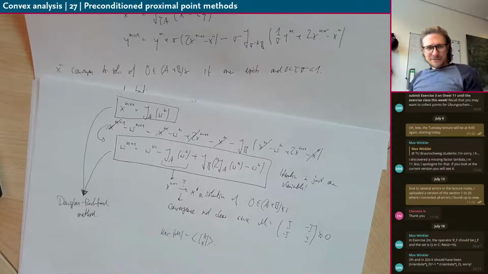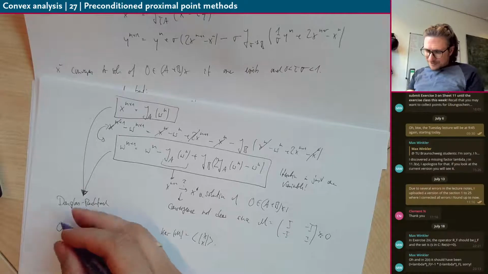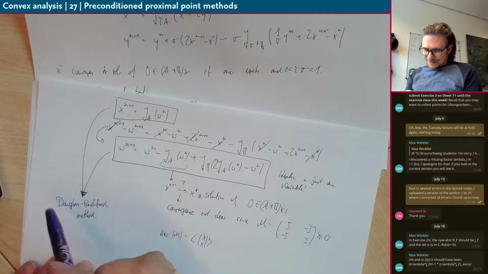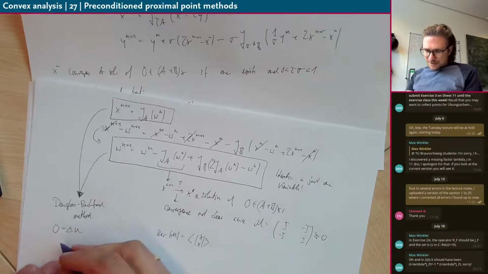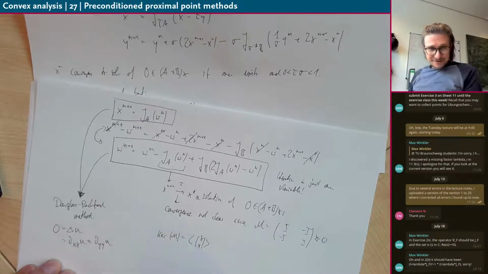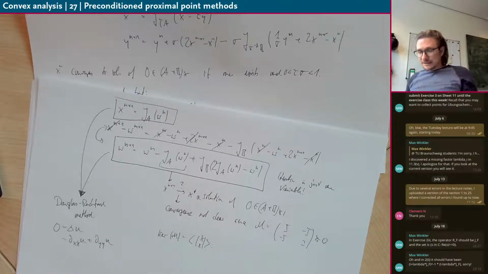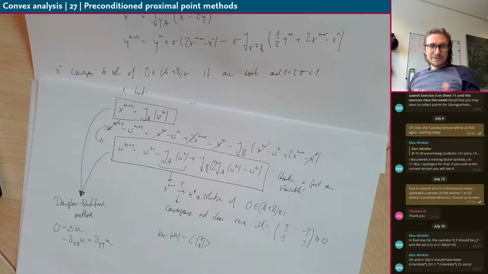And actually, Douglas and Rachford invented this method back in the 1950s, of course, to solve equations like the Laplace equation, which they reformulated or spelled out. So in 2 dimensions, it's just this, and these derivatives here, if you discretize them, lead to monotone or positive semi-definite matrices, so to monotone operators.